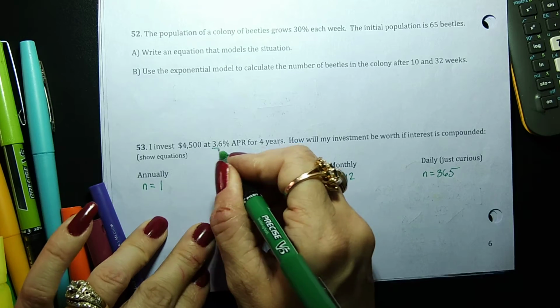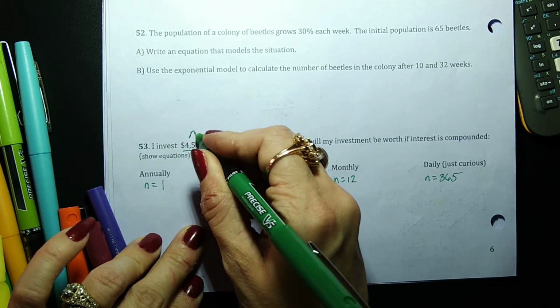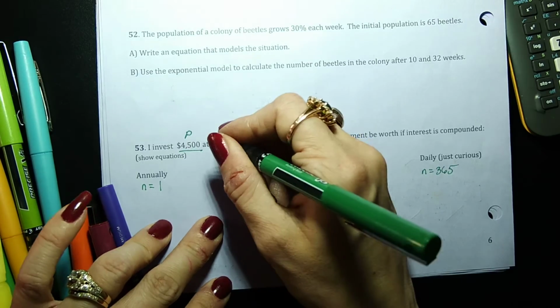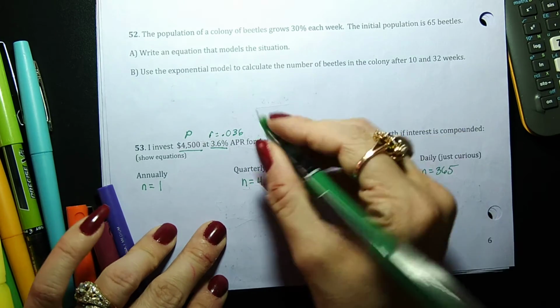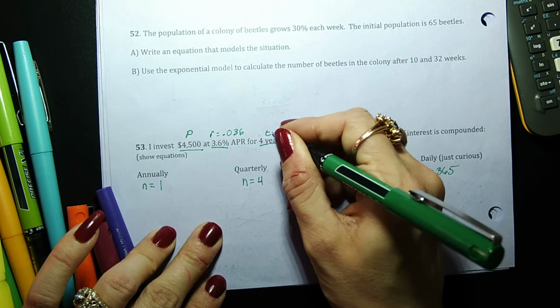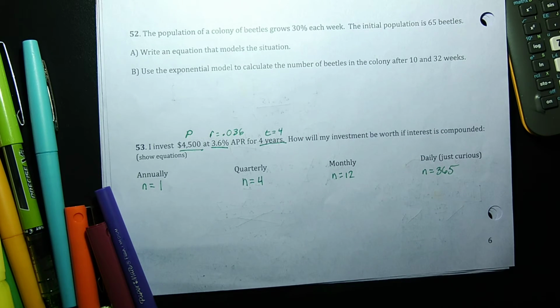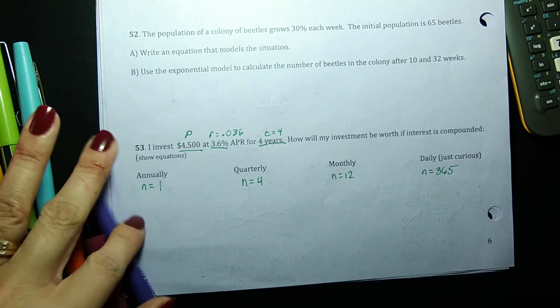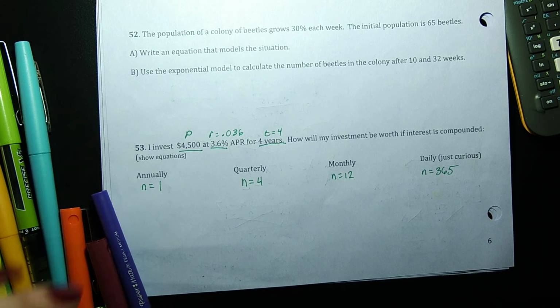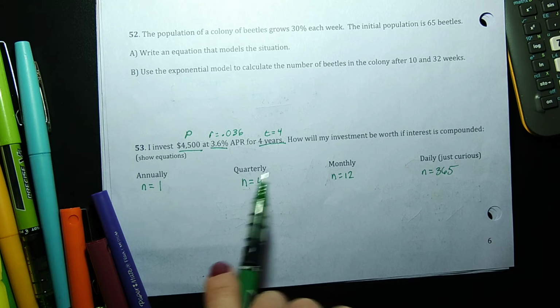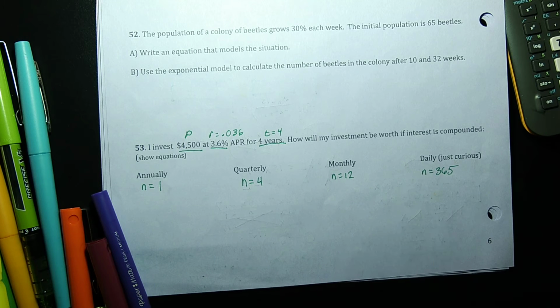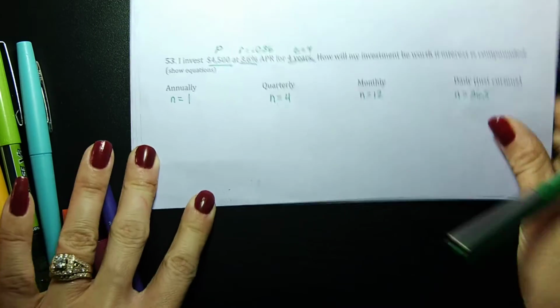Now, this is your rate. There's your initial amount of money that you invest. So r is 0.036. And we do this for 4 years. So we want to know how much money, A, will we have when it's compounded this way, this way, this way, and that way. So I do want to go through this together because, well, at least the first two, because I did have some questions in the last block on this.